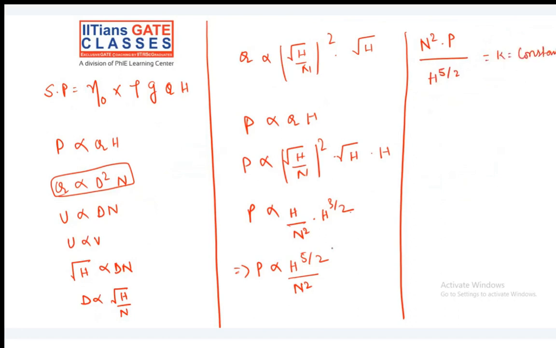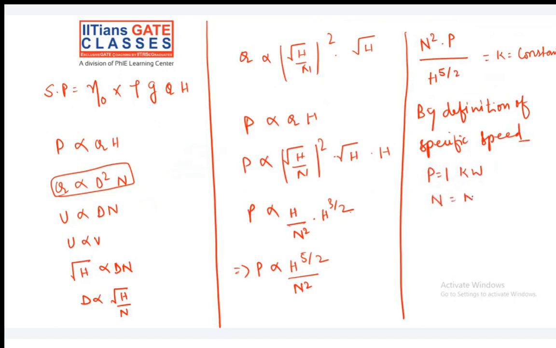And by definition of a specific speed, we have seen that power is equal to 1 kilowatt and n is ns when your H is equal to 1 meter.